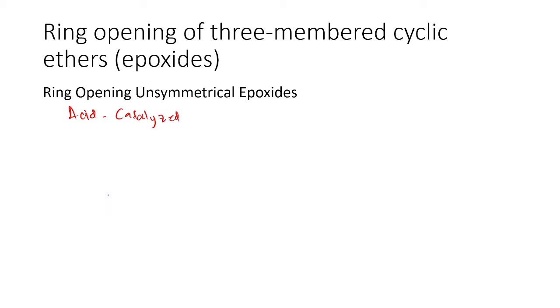So in that reaction, if you have this unsymmetrical epoxide, we have our oxygen, our three-membered ring here, then we have here our hydrogen and an R group, making this unsymmetrical. If we introduce acid here, we will have an intermediate product here, wherein we will have an oxirane.